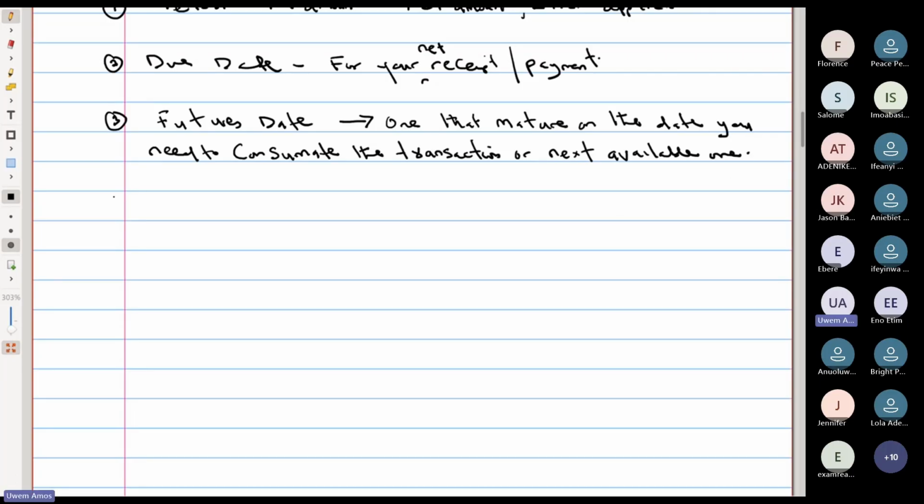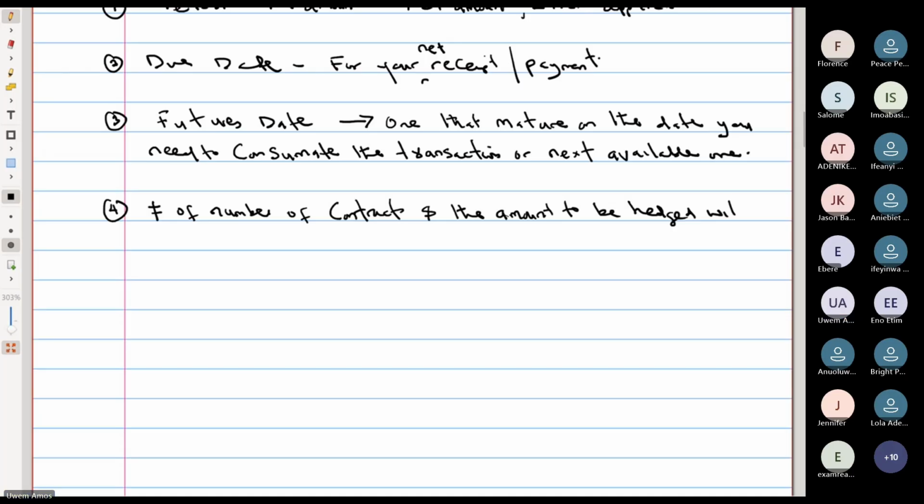You need to determine the number of contracts, because futures are sold in blocks. You need to determine the number of contracts, and the amount to be hedged through other methods, if available.